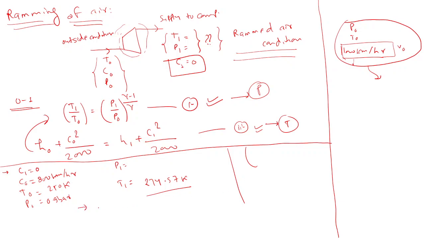So h naught would be 1.005 and the temperature T naught is 250, plus this velocity is 8000 kilometer per hour. You have to convert that to meter per second, right? So how much is this coming? 222.2.